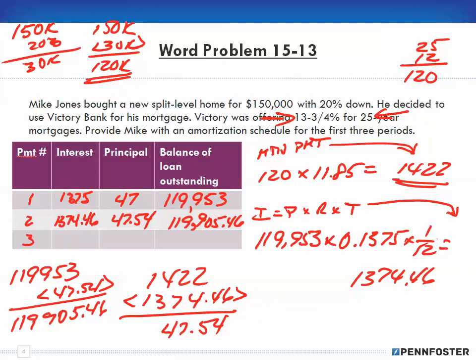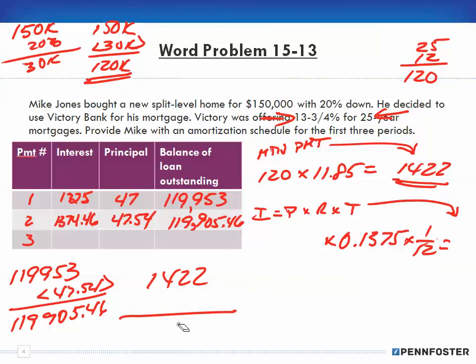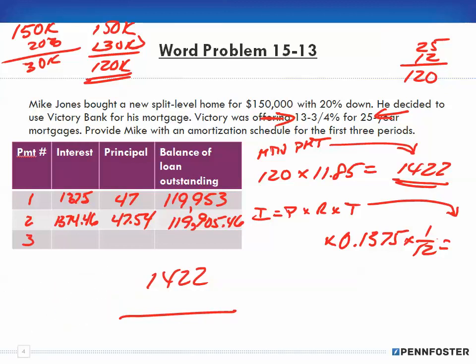Now that you're back, we're going to erase all of this. Again, we know our monthly payment is $1,422. We have to find our interest, which is now on the new balance of $119,905.46 times the interest rate times the time.